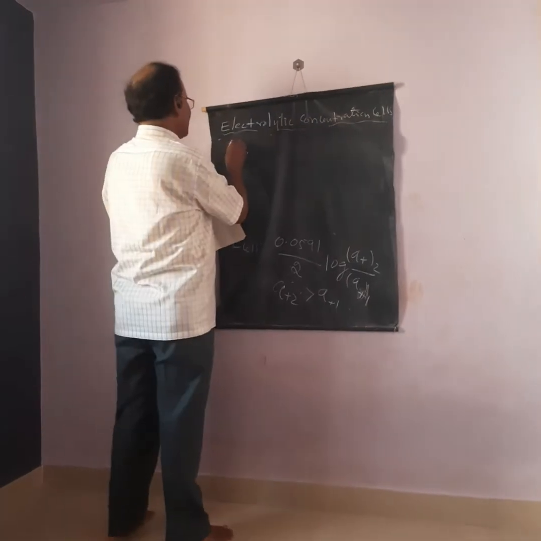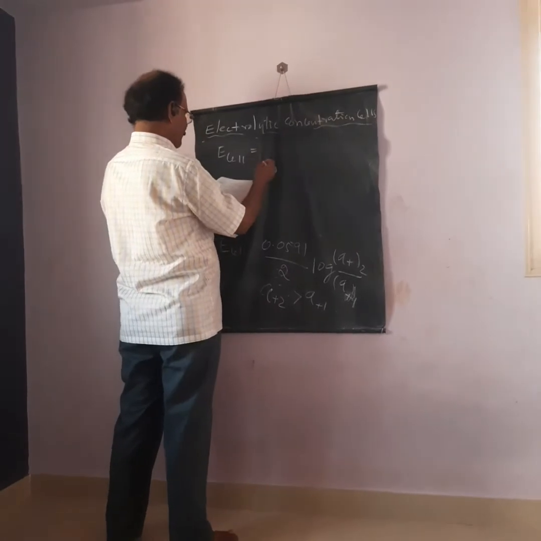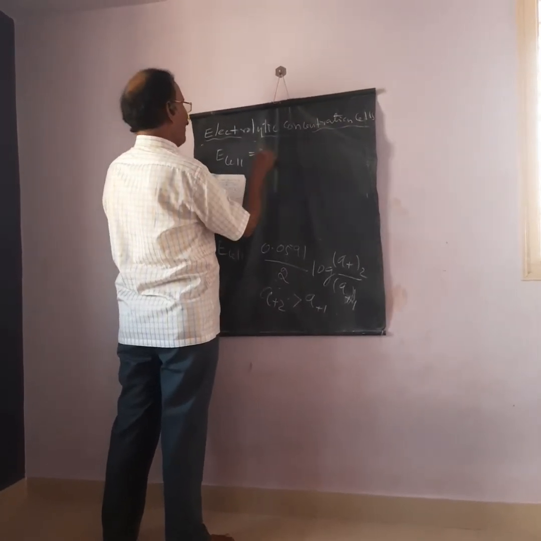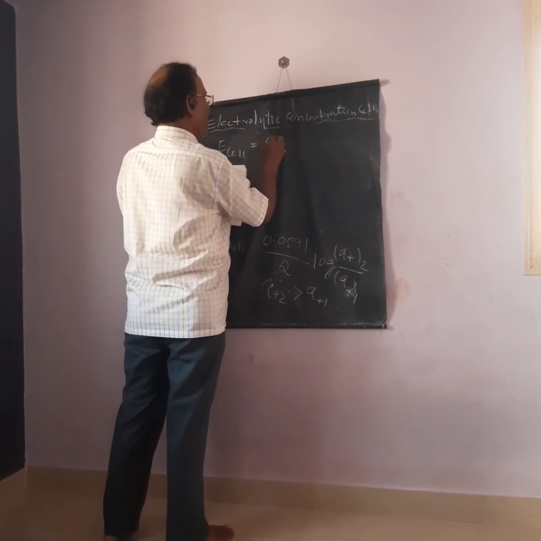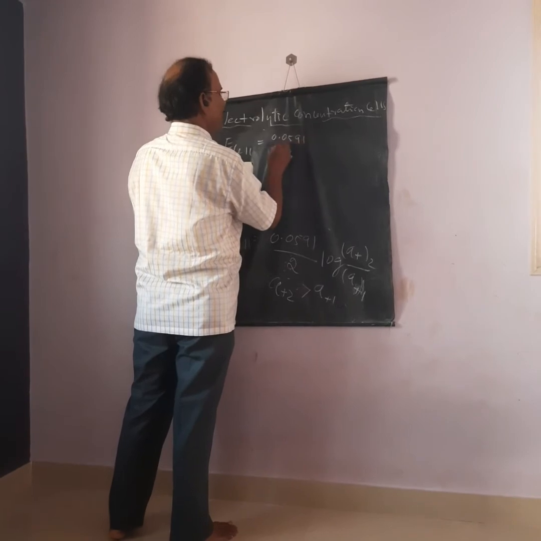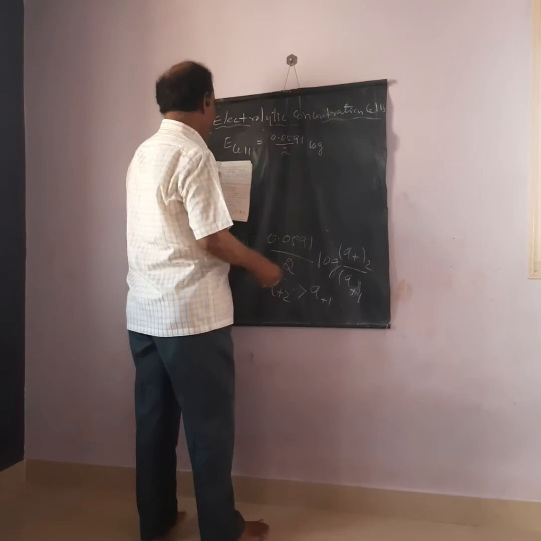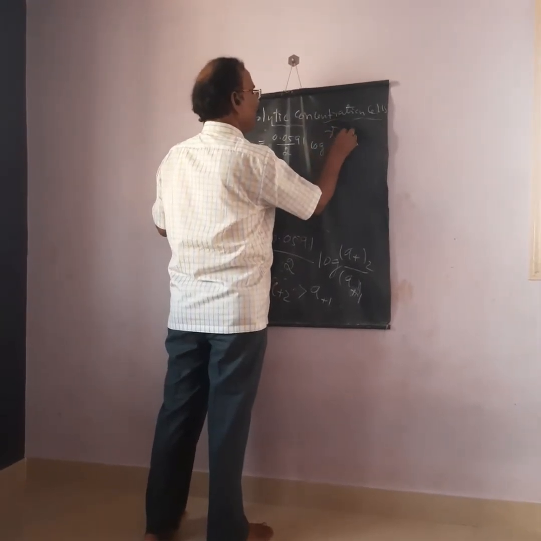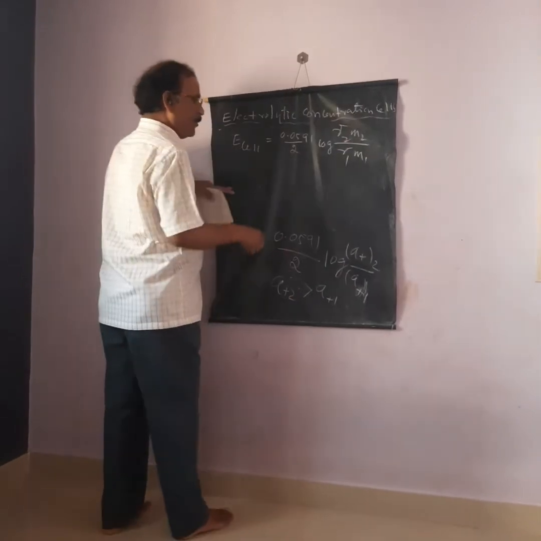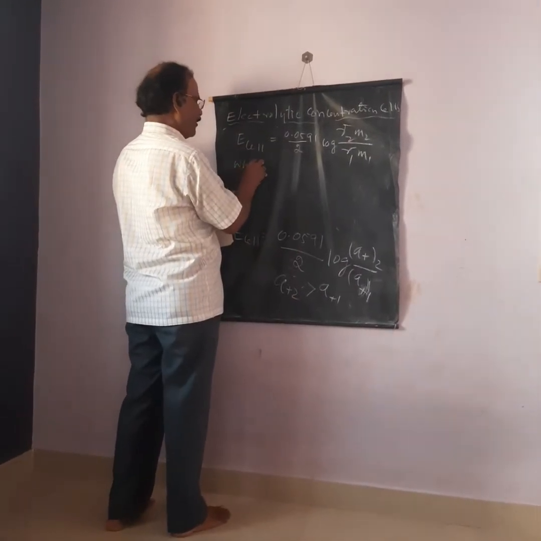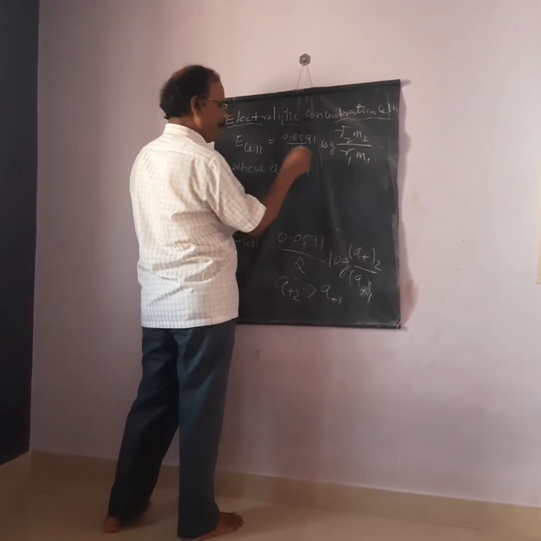That is, EMF of this cell is equal to 0.0591 divided by 2 into logarithm of gamma 2 m2 divided by gamma 1 m1, where activity A is equal to gamma into m.